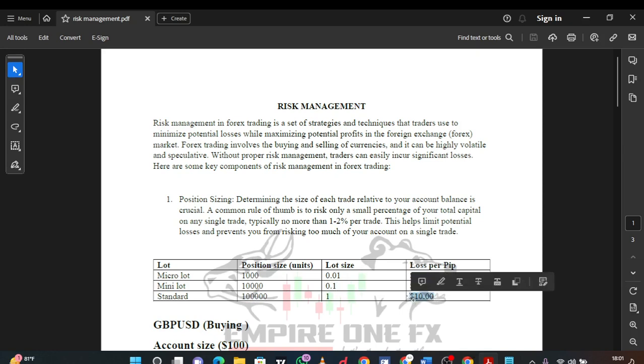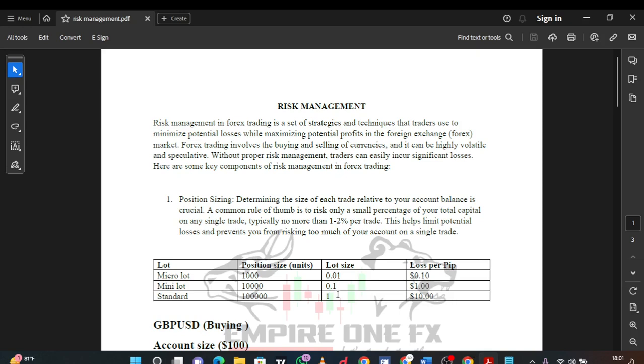Just know that some of you are putting 4 or 5 standard lots on an account of only $100, guys. How many pips do you want? Only 10 pips and you'd be washed out using a standard lot on that small account of $100. So you should learn how to calculate your pip and your lot size.